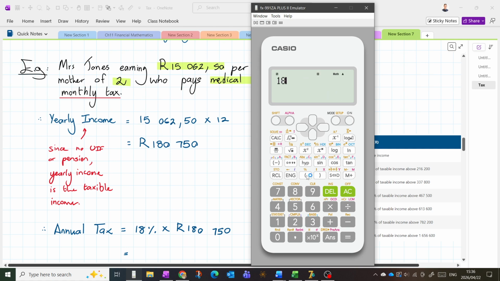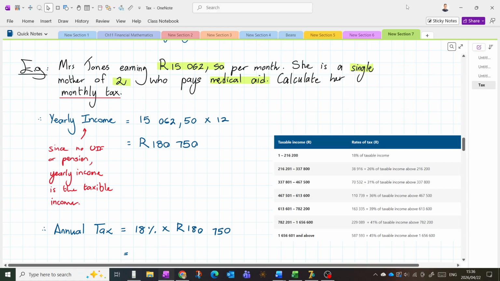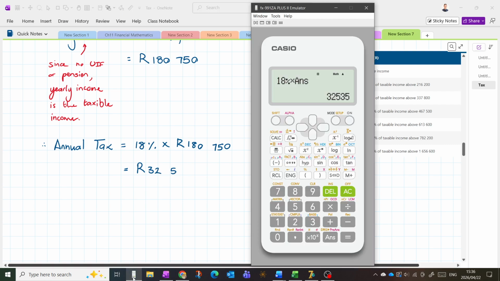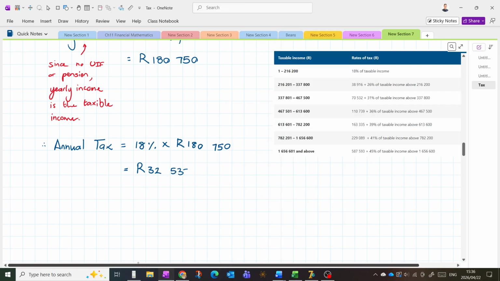I'm going to just use the percentage sign, and it's going to tell me that her tax is 32,535 Rand. Okay. Now this is a full tax. We haven't taken rebates, medical aid credits, none of that into account.